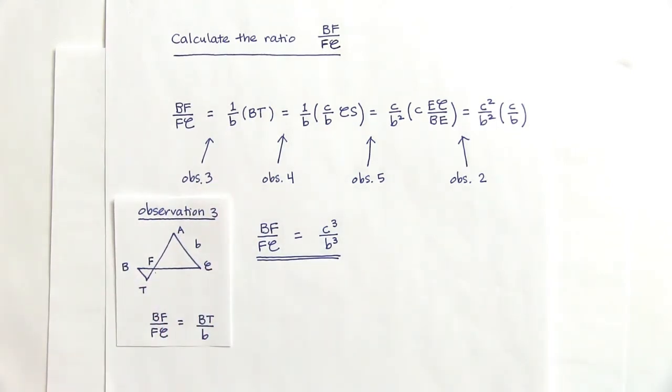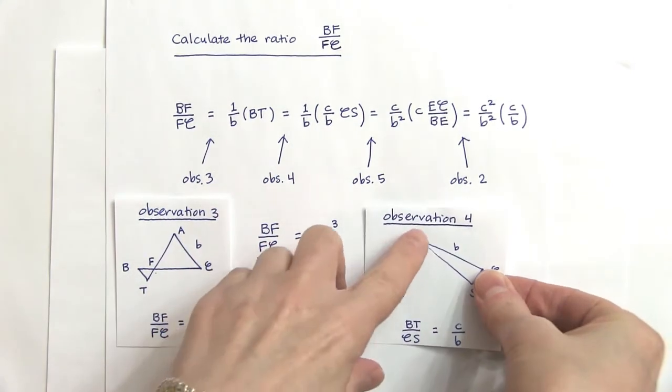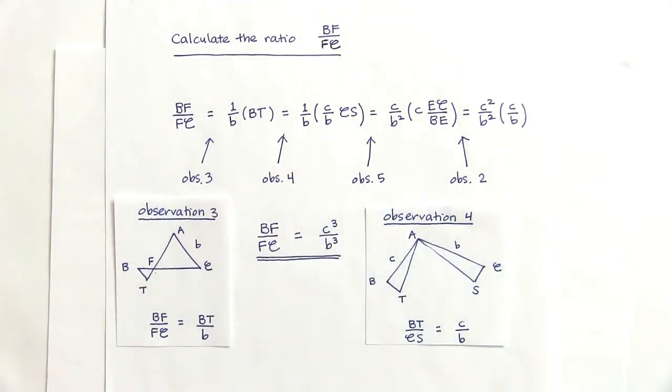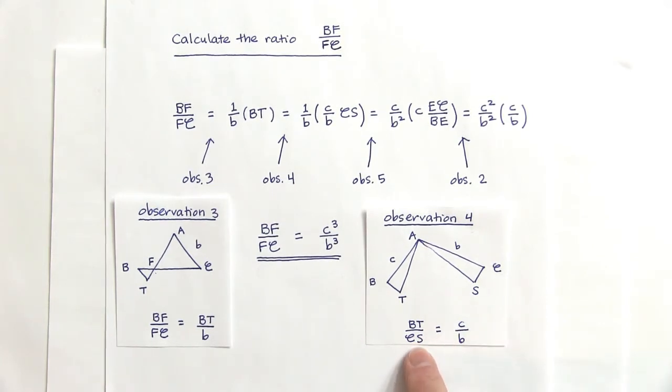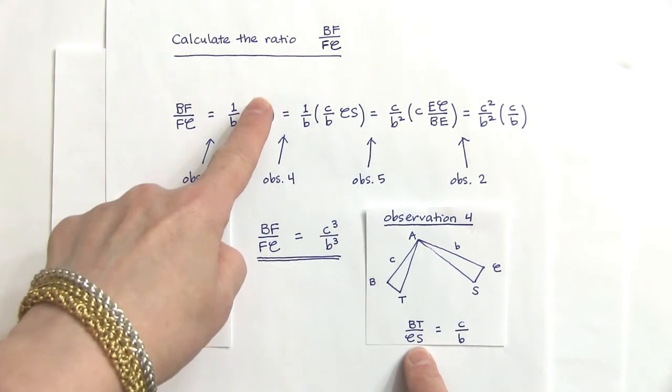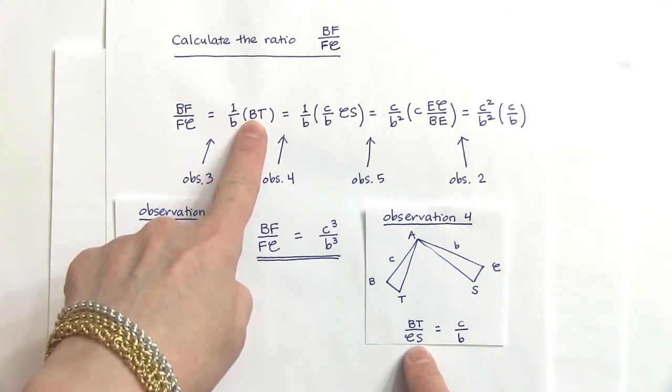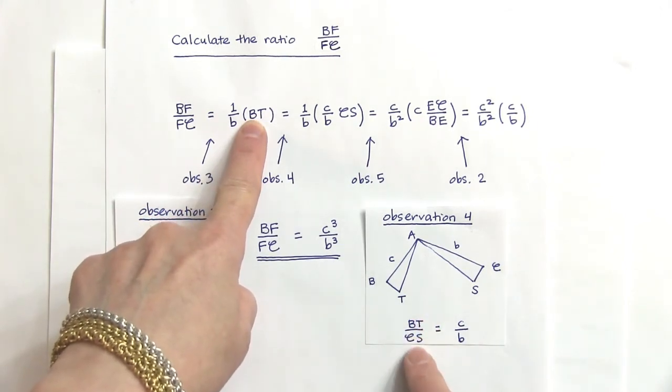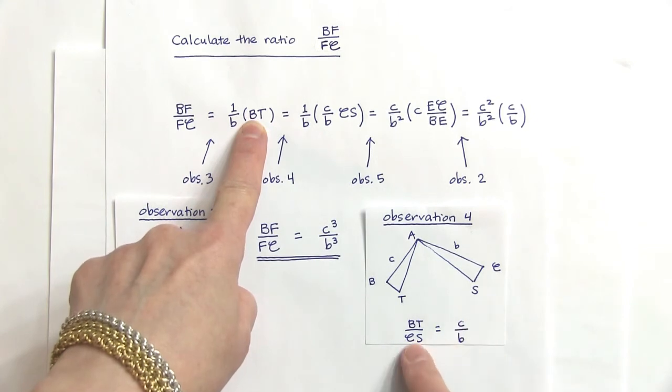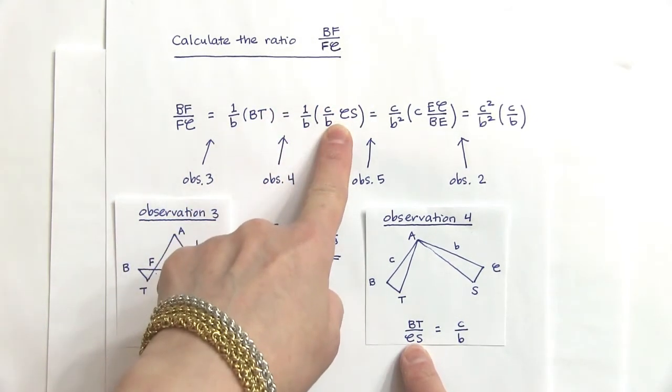And then observation number 4 uses this pair of similar triangles here. BT over CS is C over B. So multiplying both sides of this equation by the side length CS, we can solve for BT, and we replace BT in this expression. BT is C over B times CS, right here.